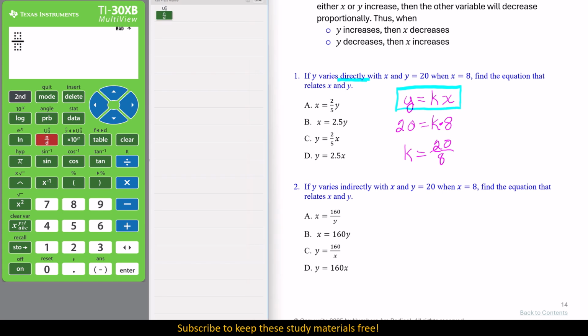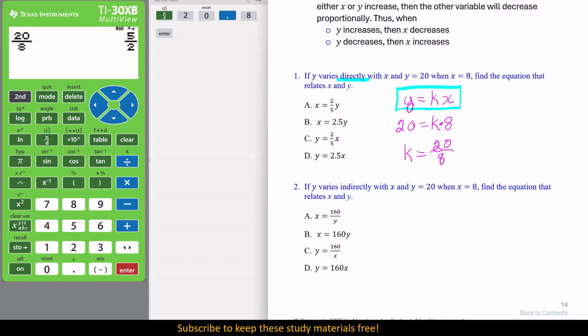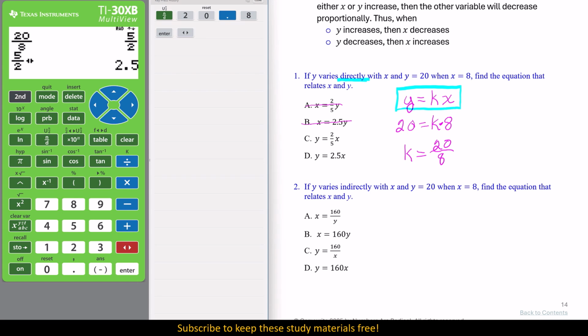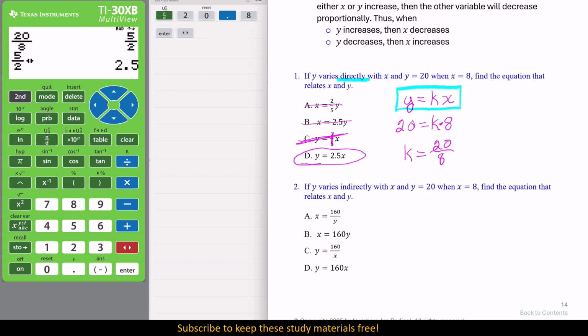So there's our fraction, 20 over the 8. There we go. But I don't see anything particularly good here. Hang on a second. A is not good, B is not good. Let's just get rid of them right out of the box. Well, let's push our toggle button. So that has to be D, and C was showing the reciprocal here, so that's not going to work.